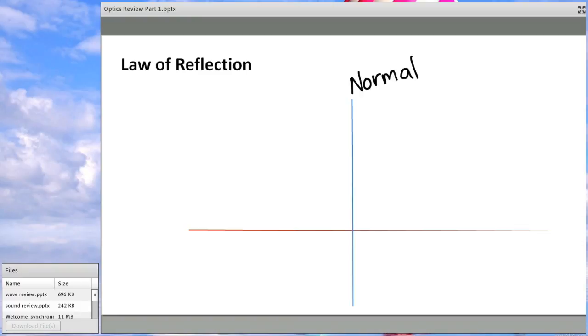Okay, now the law of reflection is pretty simple. It basically says that whatever angle this is, it's called your angle of incidence. Okay, so I'm going to write that. It's your angle of incidence.